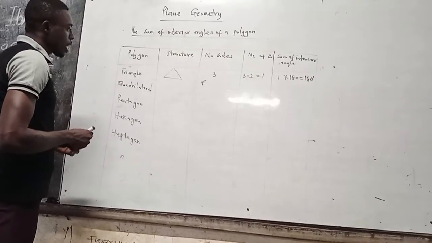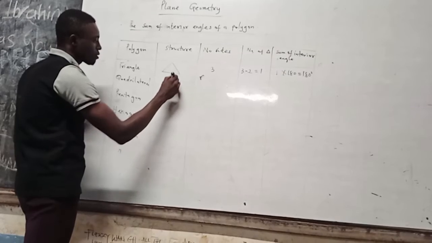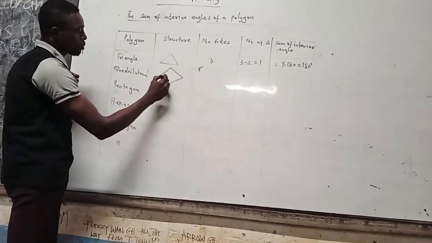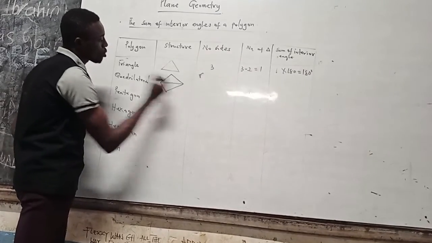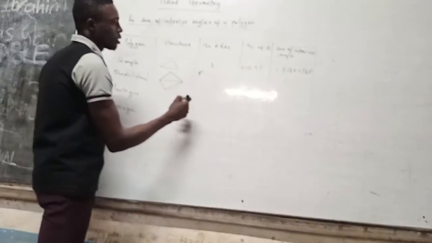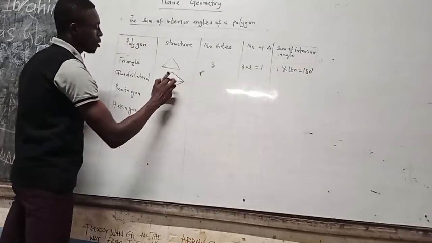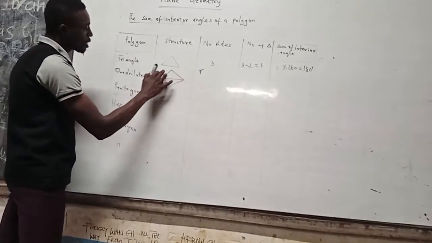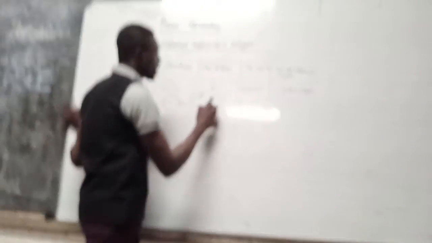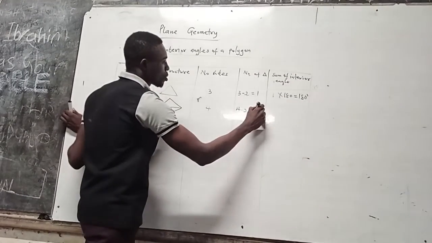When you take a quadrilateral, it has 4 sides, so we have something like this. You draw a line between it. How many triangles do you have here? Let's first write: how many sides? 1, 2, 3, 4. So we have 4. Anytime, the number of sides minus 2 will provide the number of triangles.